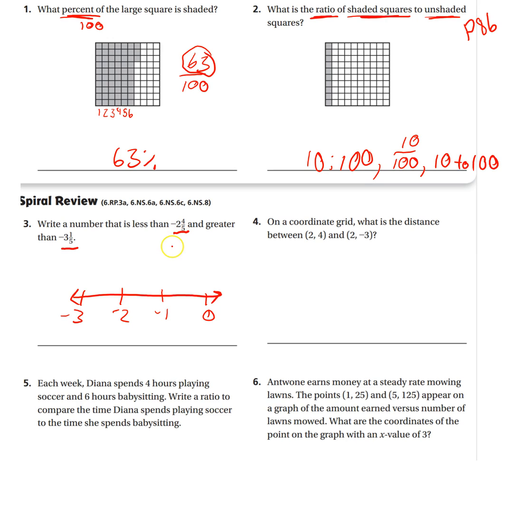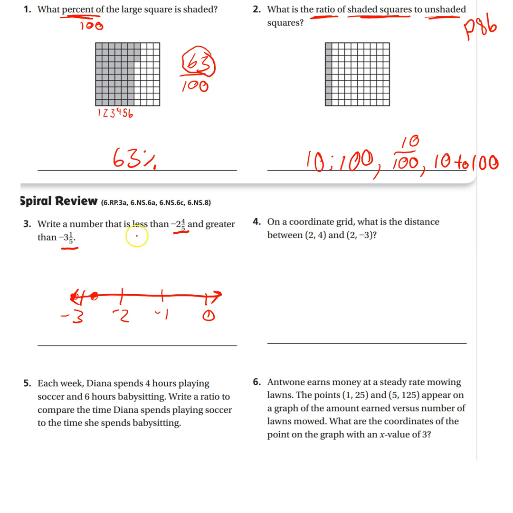So negative 2 4/5, here's negative 2, and then I have negative 2 and some more. So negative 2 4/5 is going to be about here. And then negative 3 1/5. Negative 3 is here, and then 1/5 is going to be about here.